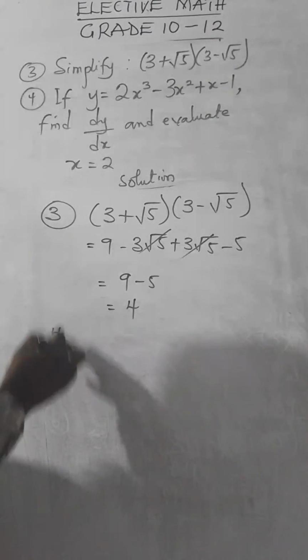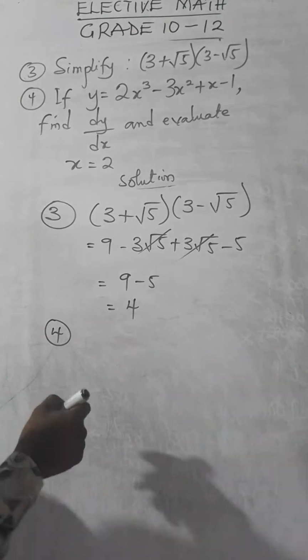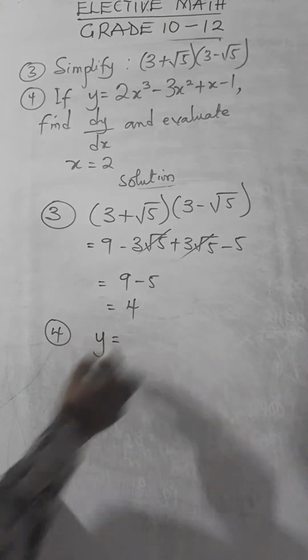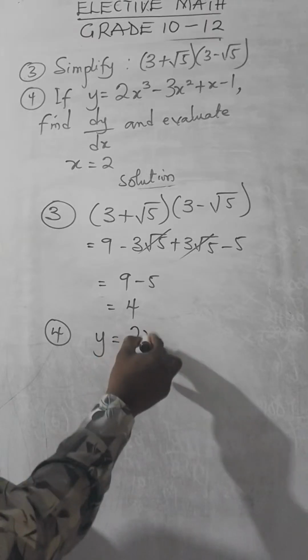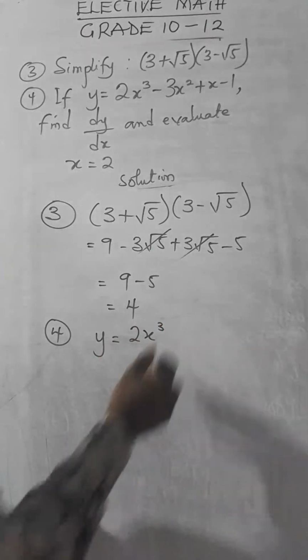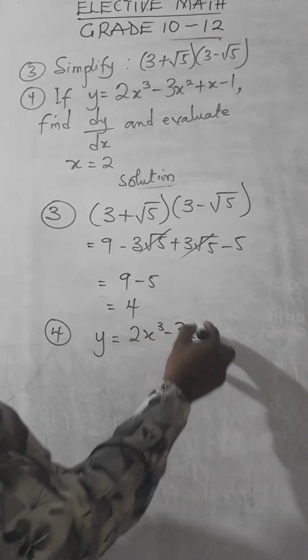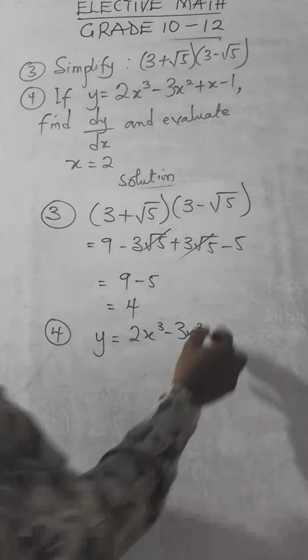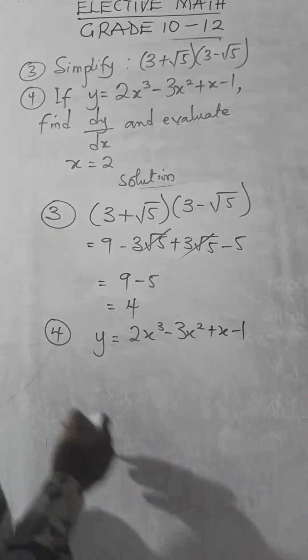Then question 4. We have been given y is equal to 2x cubed minus 3x squared plus x minus 1.